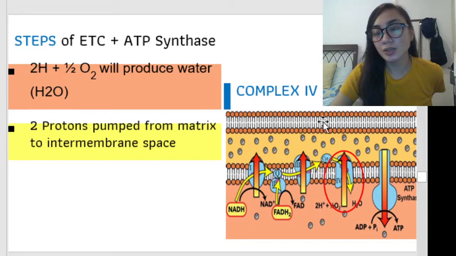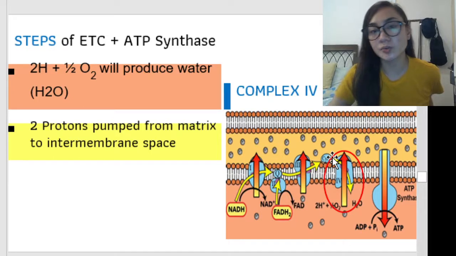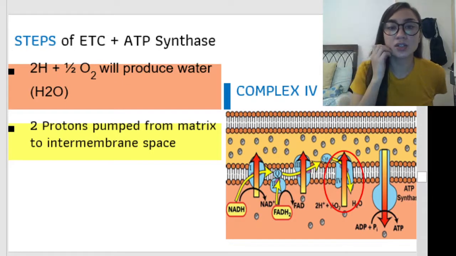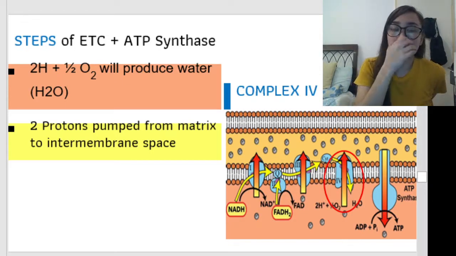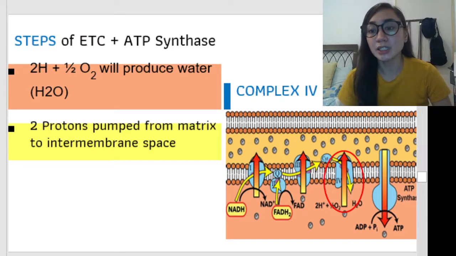Okay, so in complex number 4, what's important here is that yung 4 na protons na nanggaling sa ating cytochrome C from the previous complex, gagamitin niya yung 2 hydrogen doon. So, yung 4 na protons, we consider it as hydrogen ion, ano? So, yung 2 hydrogen doon, magiging water, no?